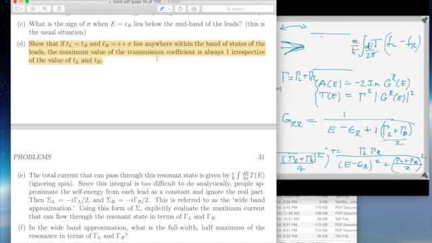And so if the height is fixed and the width is changing, it means the area is changing. And that area is what's giving you the maximum current. So if you want to engineer the current, then you're looking at engineering the width. The width is what's changing, at least for symmetric coupling.